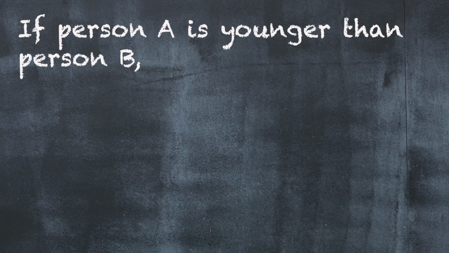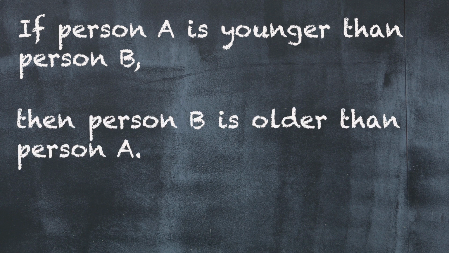Or more generally, if person A is younger than person B, then person B is older than person A. This conditional proposition can be applied each time we know that someone is younger than somebody else.